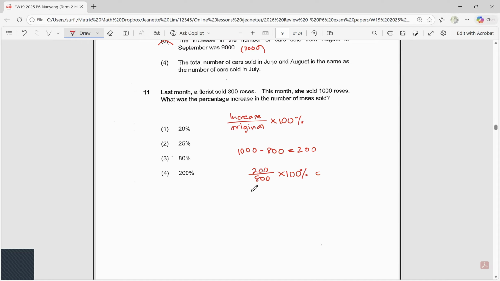Okay, so this is following the formula. So from here, let's simplify first. So 2 and 8. 2 divided by 2, 8 divided by 2. So 1/4 of 100 is 25%. Answer option 2.